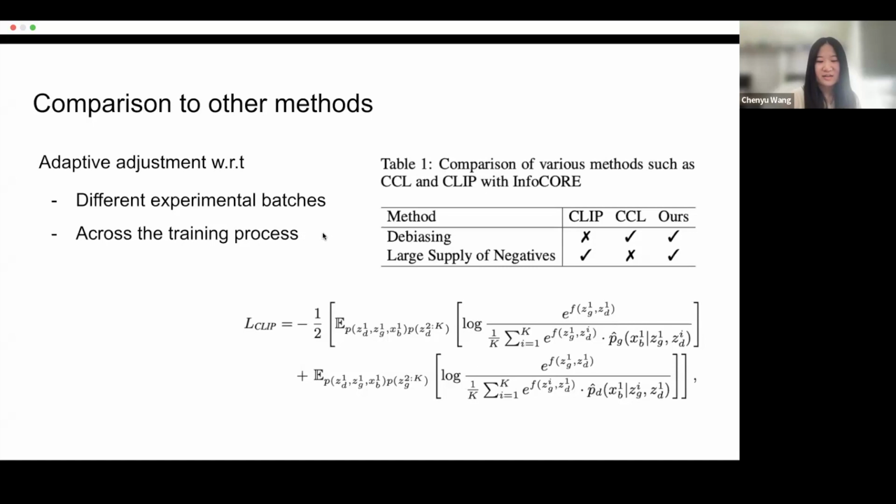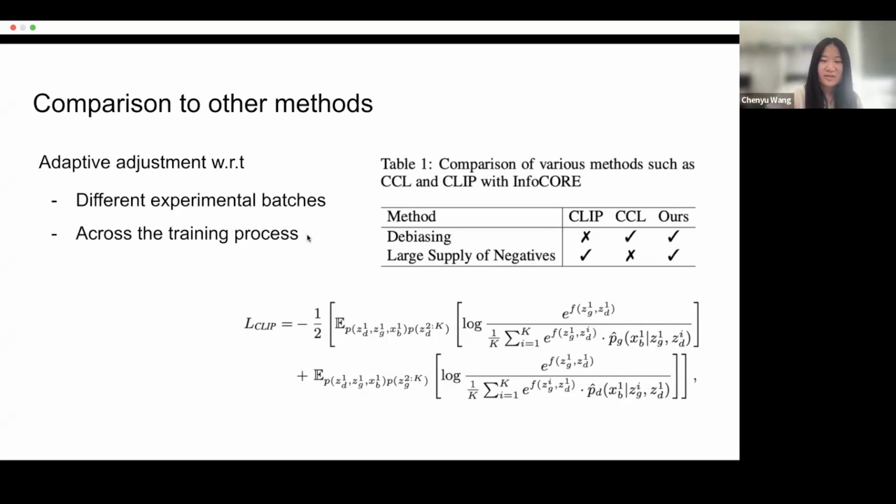For example, the confounding issue of each experimental batch might be different. In some experimental batches, the drugs may be very randomly shuffled and assigned, and don't have much batch confounding issue or structure similarity within the same batch. For some batches, this issue might be more severe, and with this posterior distribution, we can adjust for it.